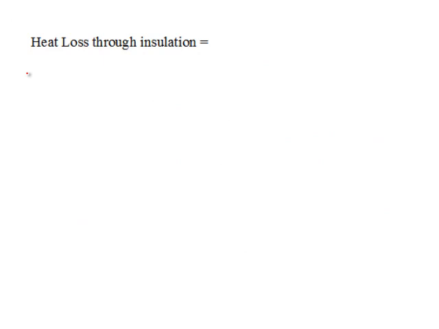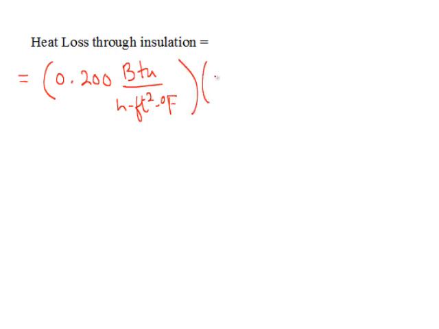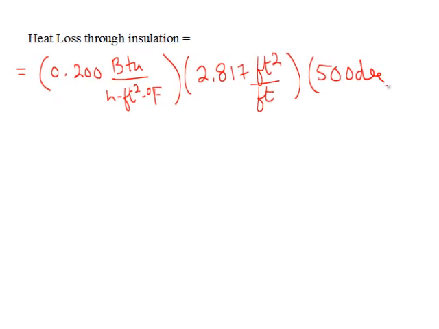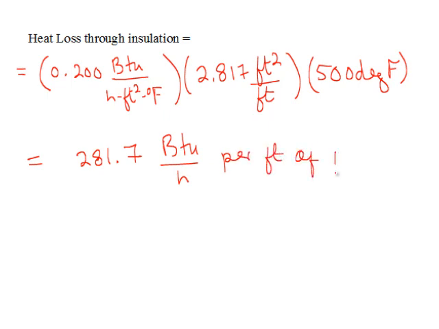The heat loss through the insulation then would be equal to 0.200 BTUs per hour per square foot per degrees Fahrenheit times 2.817 square feet per foot length of pipe times the temperature gradient of 500 degrees Fahrenheit, and this value comes to 281.7 BTUs per hour per foot length of pipe.